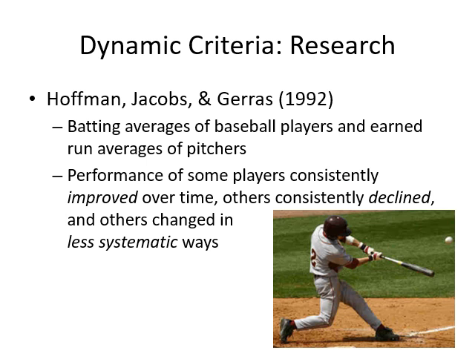And we found this statistically as well. So the idea of dynamic criteria or dynamic performance is strongly supported by research. Hoffman, Jacobs, and Jarvis in 1992 actually looked at basically decades of batting averages of baseball players and earned run averages. And generally they found overall across all players some evidence that performance was consistent.